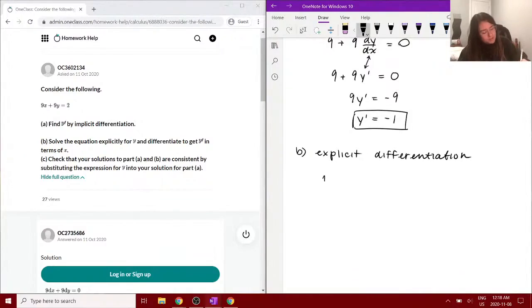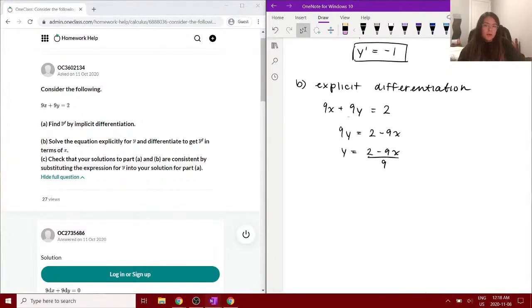So let's rearrange for y first. This is our original equation, remember? So we have 9y equals 2 minus 9x, and divide both sides by 9: 2 minus 9x divided by 9, and this is what we get.